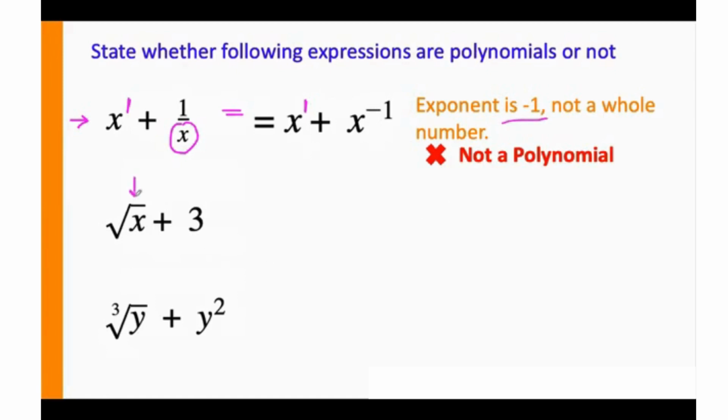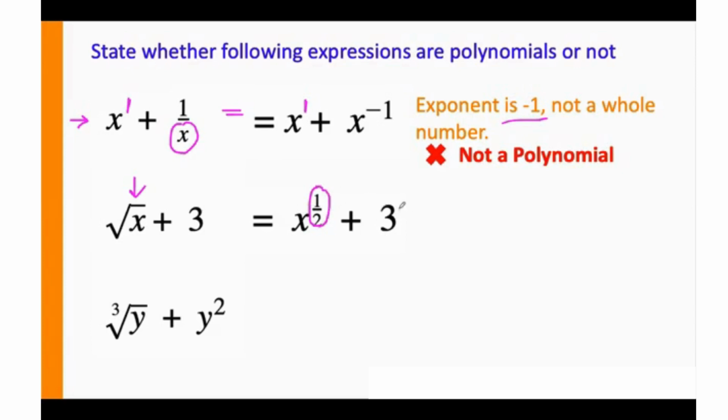If you look at this, it's square root of x. If you remove the square root, then in power form you can write it as x raised to 1 upon 2, and it's a fraction. Fractions are not whole numbers.